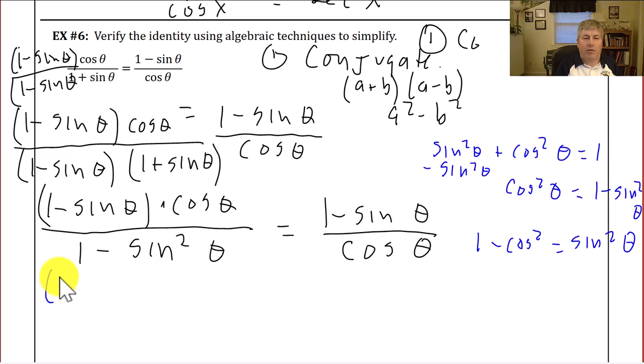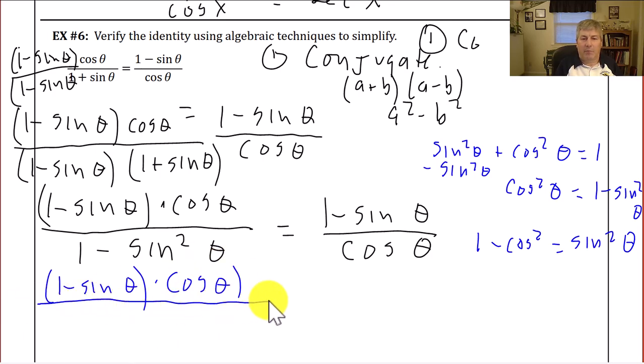So we end up with our numerator of 1 minus sine of theta times cosine of theta all over 1 minus sine squared theta, which now is cosine squared theta. So that is the only change between those two steps. And that equals the right-hand side.